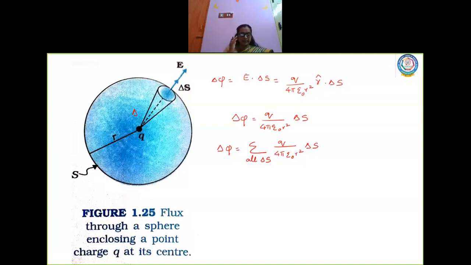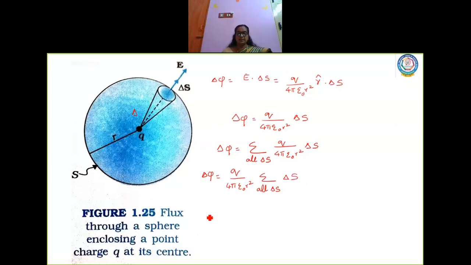So I will write once again the value of psi to be Q by 4 pi epsilon naught R square, which will be the same. So I take it out first. So here del psi equal to Q by 4 pi epsilon naught R square, summation of all the elements, of which alone I am going to find out, del S.